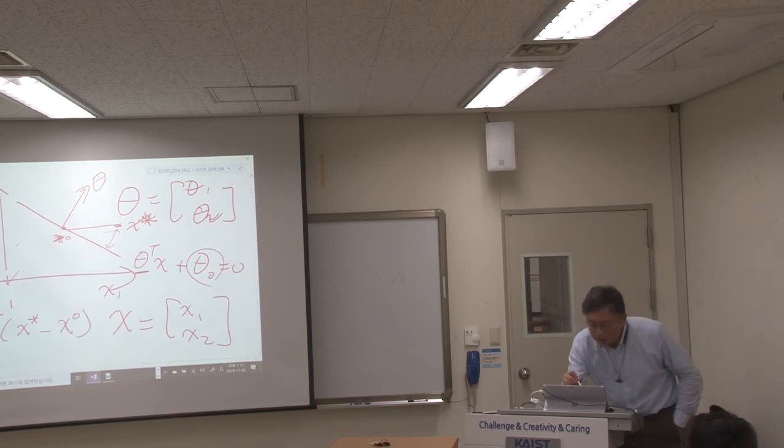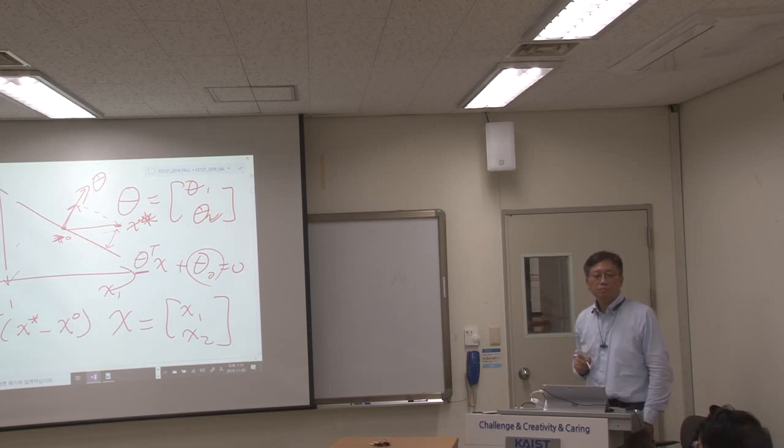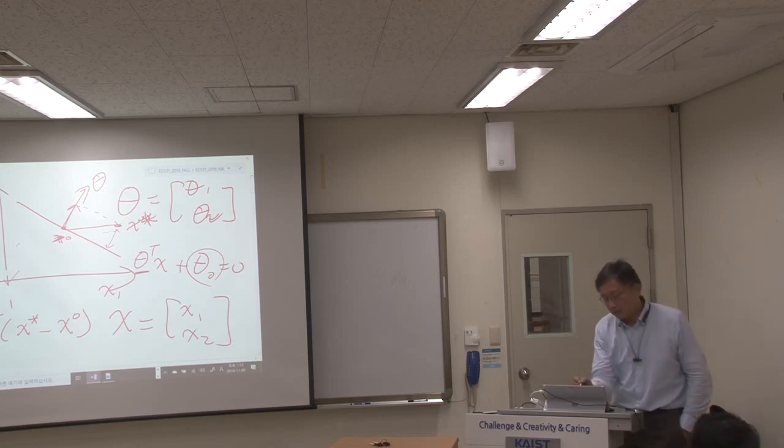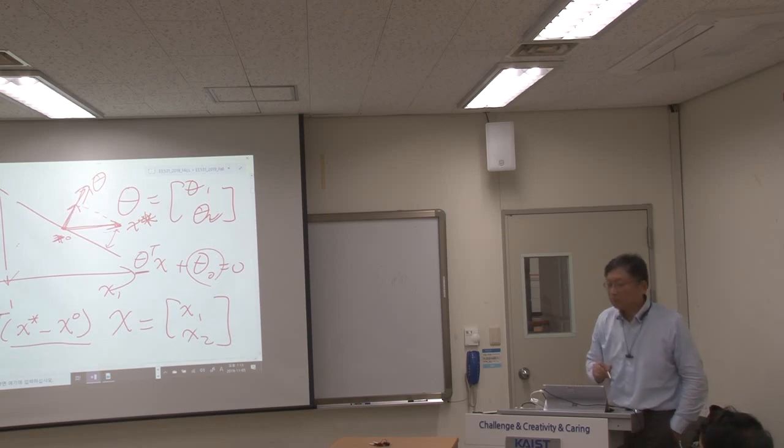That will be this. That will be that thing right there, right? Inner dot product. This is this vector. That will be that vector. That's inner dot product, right?